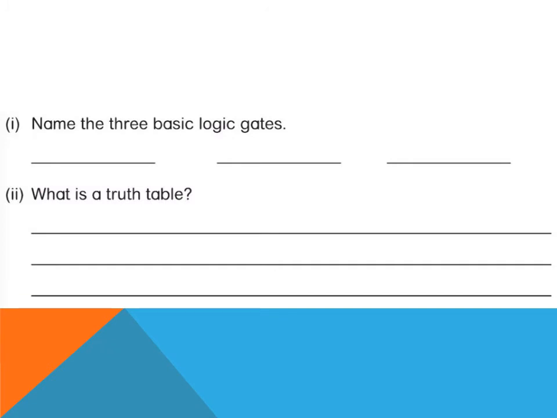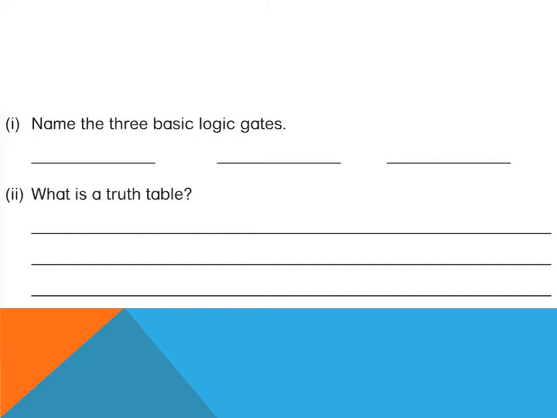Before starting the detailed study of the gates, let us do some problems. Name the three basic logic gates and what is a truth table. Now what I want you to do is pause the video for 5 minutes. Whatever you have understood till now, try to write this in your own words.